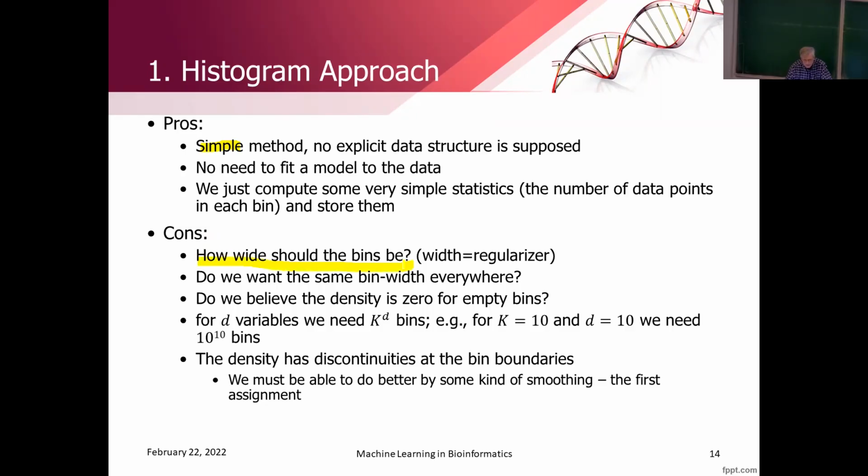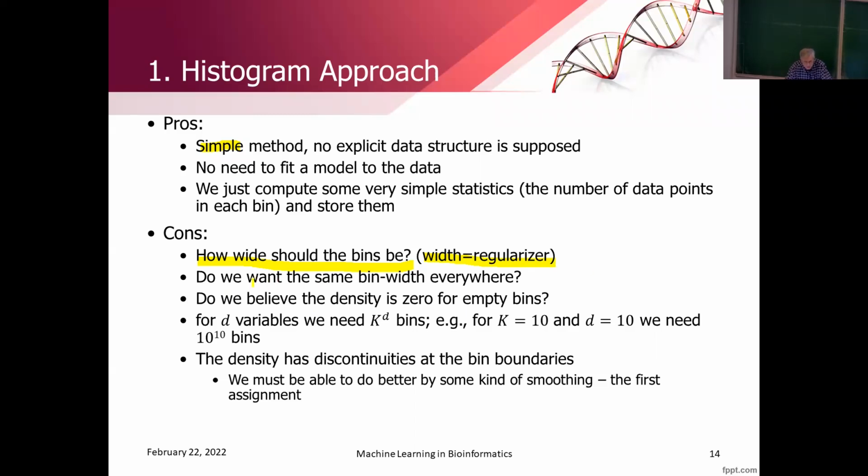The first problem is the width of the bins, or the number of the bins, as we have seen in the previous slide. So the width can be used as a so-called regularizer, and the proper value for the number of bins or width of the bins is crucial for obtaining some reasonable information.